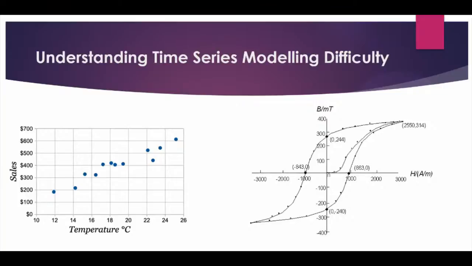We draw a perpendicular line on the x-axis, and that line will cut this graph at two places, lower side and upper side. What does it mean? For a given value of x, you are getting two values of y. That is the modeling difficulty with respect to time series, because for a given value of x, there can be multiple values of y. That is the chaotic nature of time series. You cannot predict the next value.